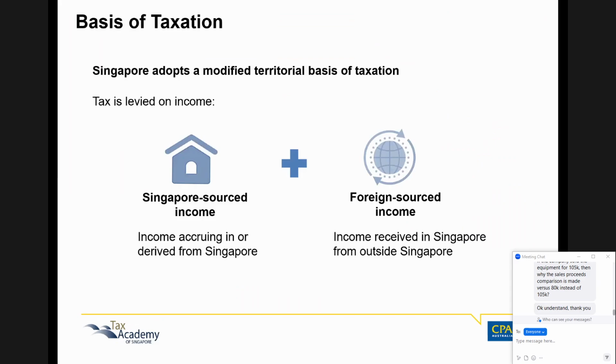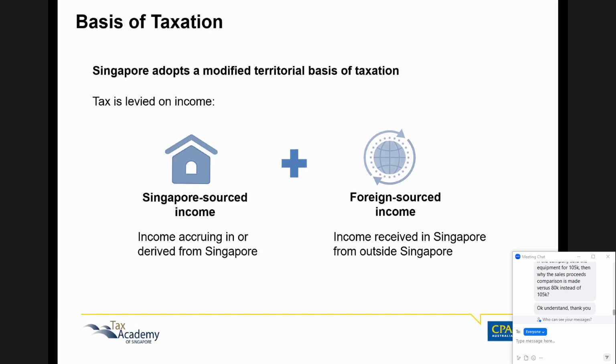Okay, basis of taxation. Singapore adopts the modified territorial basis of taxation. Territorial usually means if it's within Singapore source, then we tax. Singapore source meaning income accruing in or derived from Singapore.